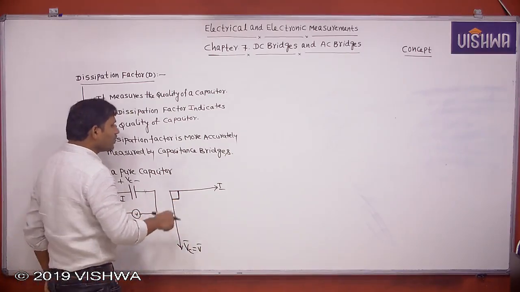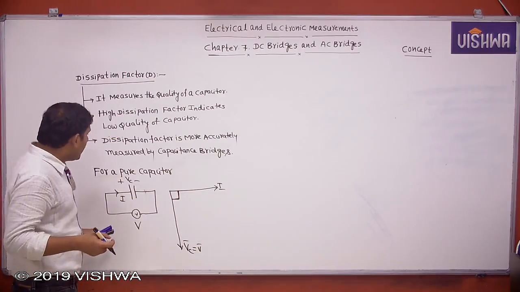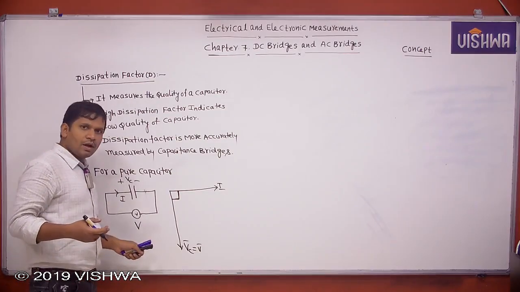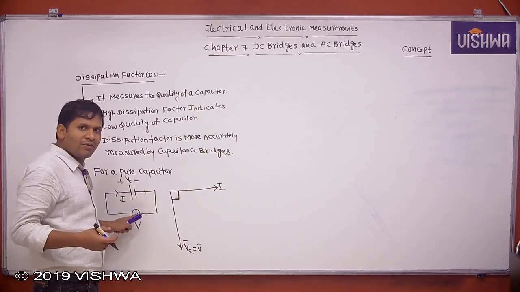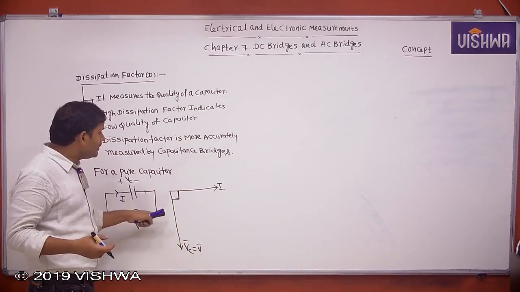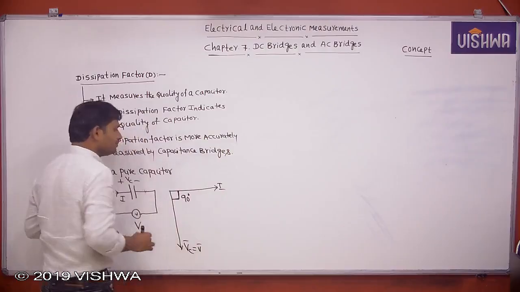Here Vc equals V, both are the same. This is for a pure capacitor, a perfect capacitor or air capacitor, where the angle between voltage and current is 90 degrees.